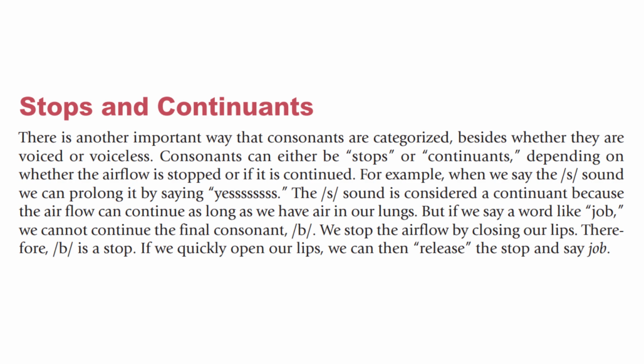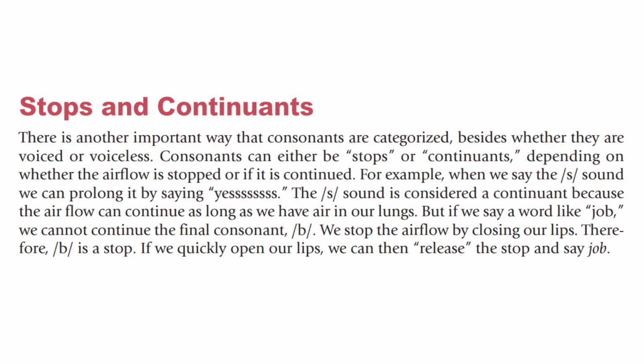Stops and continuance. There is another important way the consonants are categorized besides whether they're voiced or voiceless. Consonants can either be stops or continuants, depending on whether the airflow is stopped or if it's continued. For example, when we say the s sound, spelled with the letter S, we can prolong it by saying yes.